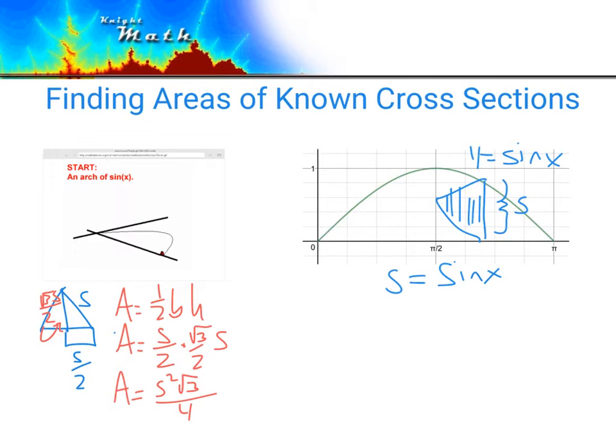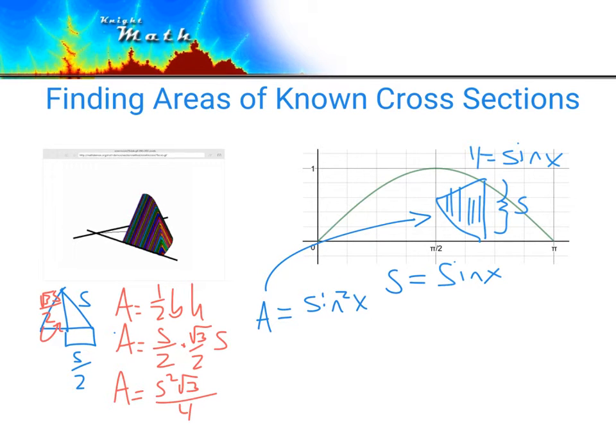So we take our area, the area of this blue triangle, let me make this in blue. The area of our blue triangle here is going to be sine squared of x times the square root of 3 all over 4.